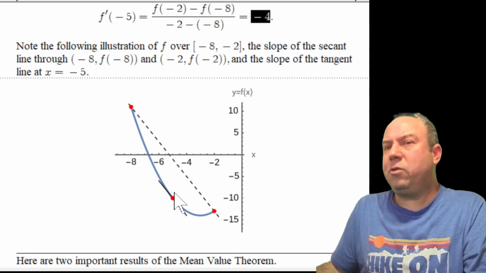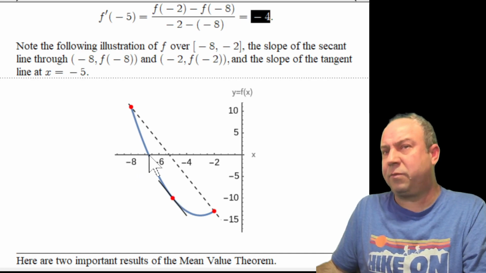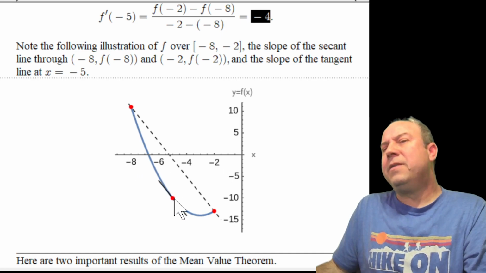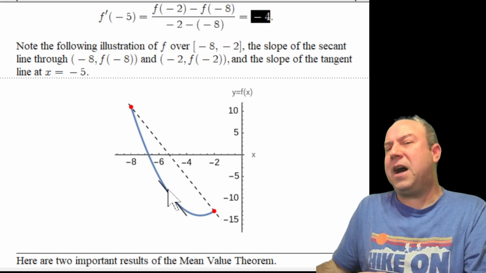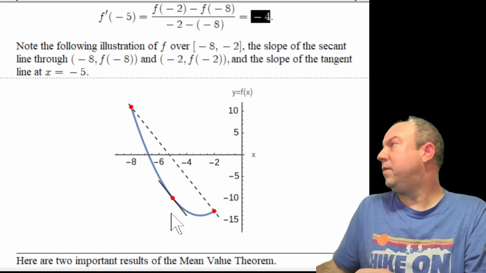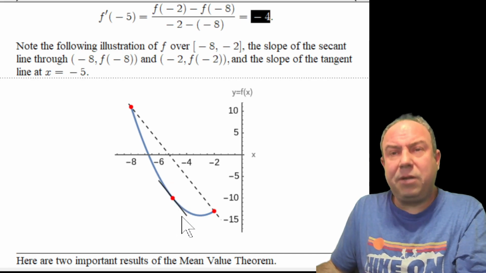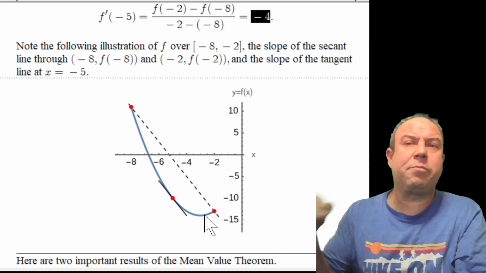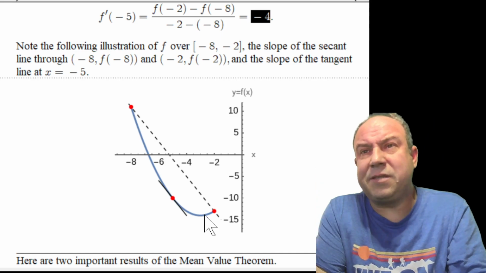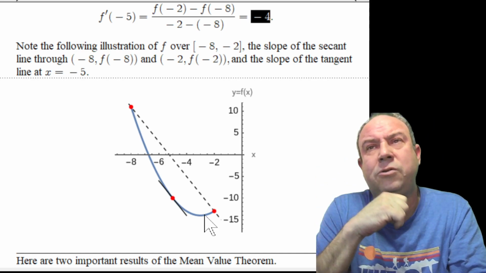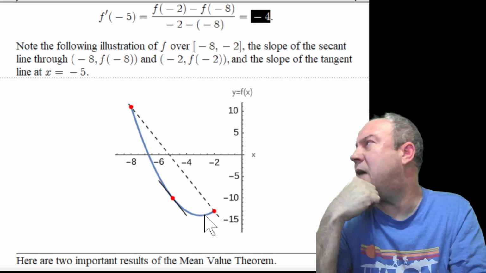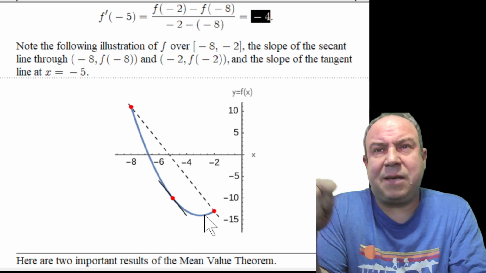And there's one location on that parabola between that interval from -8 to -2. That's right here at x equal to -5, right? Where the slope of the line tangent to that portion of the parabola is the same as the slope of the secant line. And you can see those two lines are parallel in our graph, indicating they have the exact same slopes.